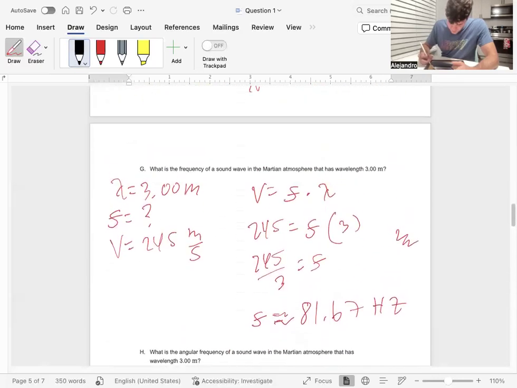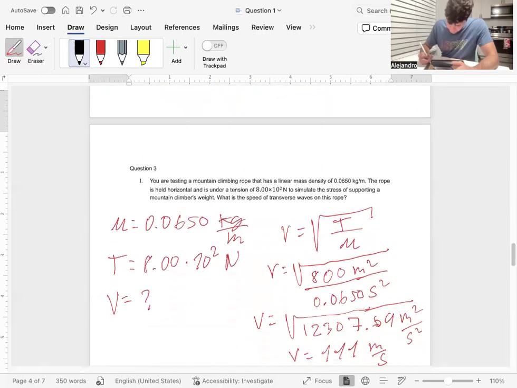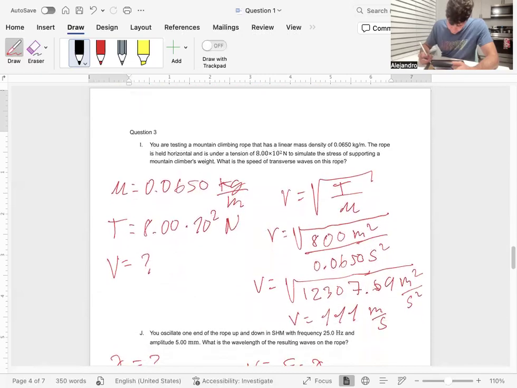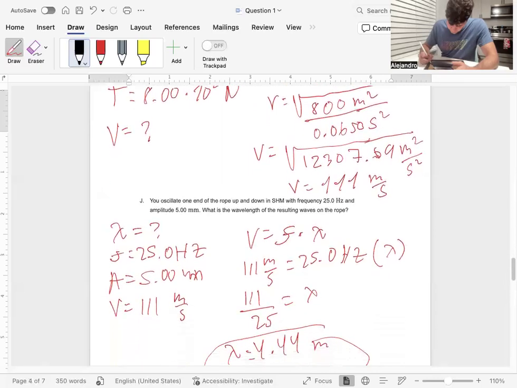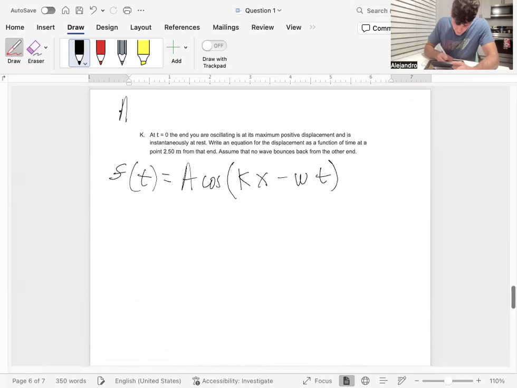I believe amplitude is given to us. Amplitude is given to us at 5 millimeters.